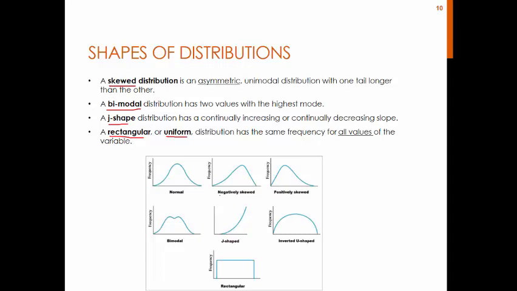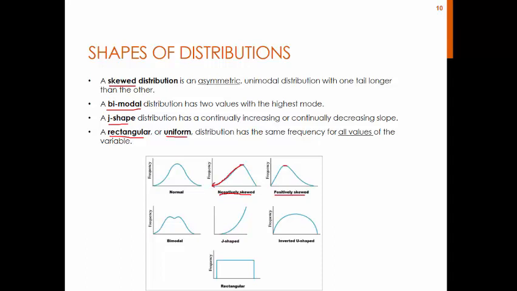Skewed distributions are those that are asymmetric. So they have many of the same characteristics of the normal distribution, except they have one mode here, and they're somewhat bell-shaped, but one tail extends much further than the other tail.